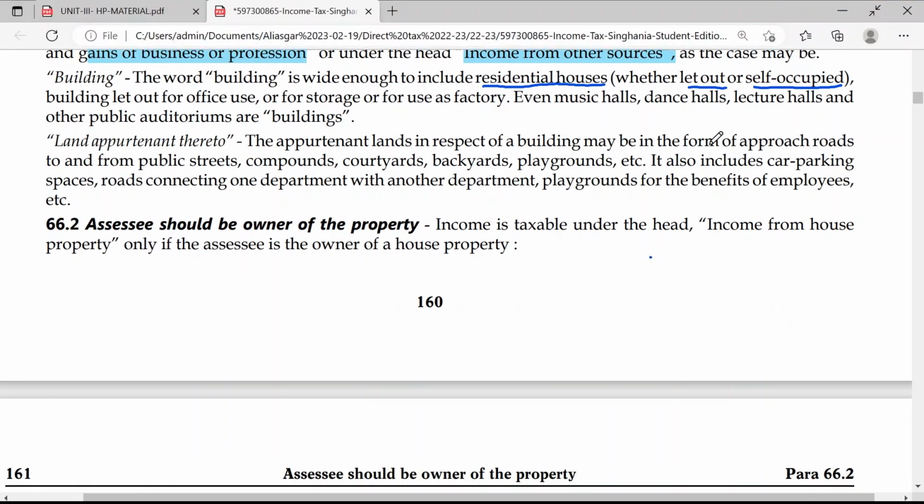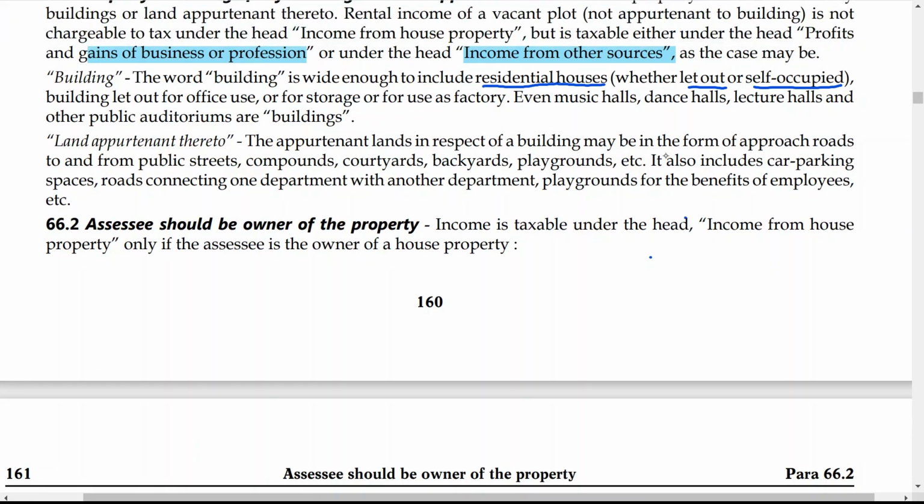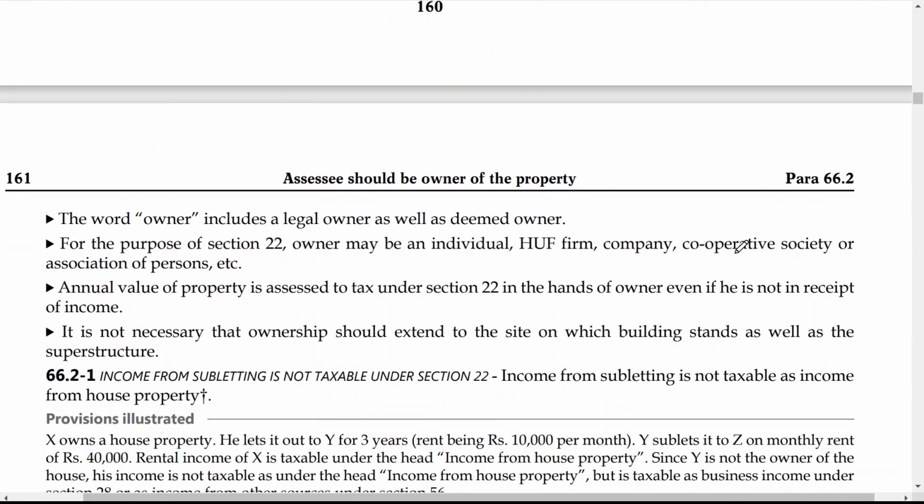So now the assessee should be the owner of the property. Income is taxable under the head income from house property only if the assessee is the owner of the property. If the assessee is not the owner, then all these things will not be useful. The word owner includes legal owner and also deemed owner.